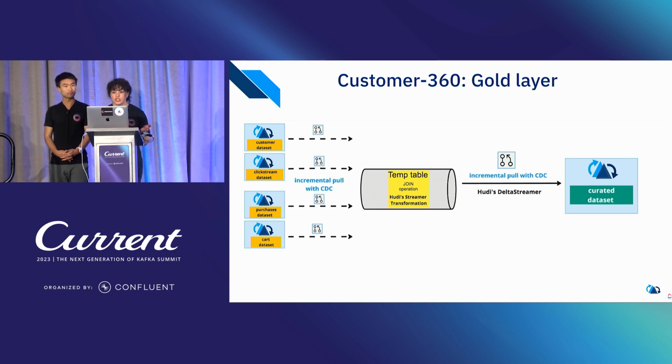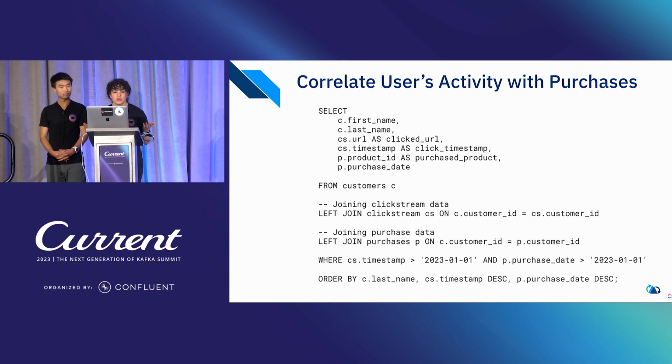And if you wanted to write a join, it might look something like that. So a join can look like, you might have the customer's information, the URL they clicked on, if you wanted to correlate users' activities with purchases. You might have the product ID, purchase date, and whatever fields you're interested in. And then you might collect it from the customer table.